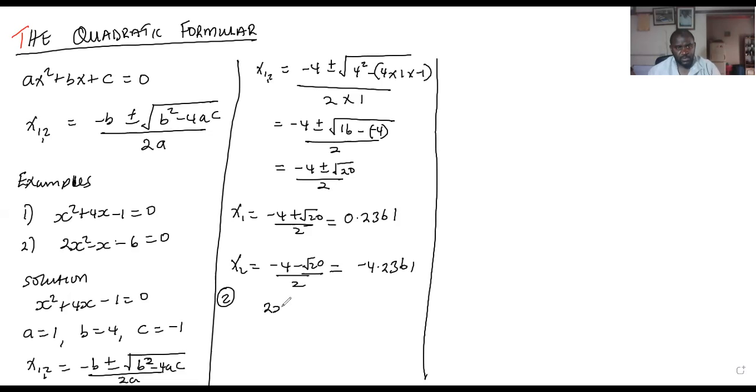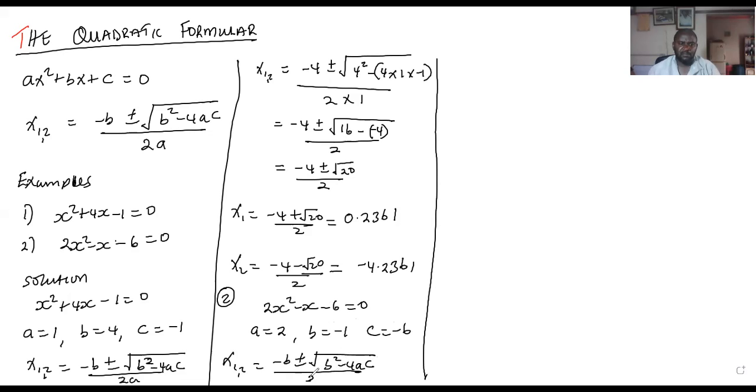Then the second number says 2x squared minus x minus 6 is 0. Our a is 2, our b is -1, our c is -6. Remember, x1 and x2 are got from negative b plus or minus root of b squared minus 4ac, all divided by 2a.